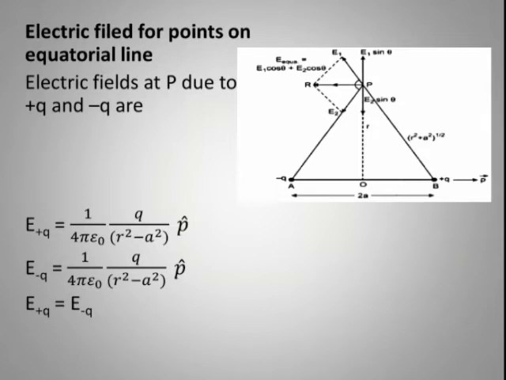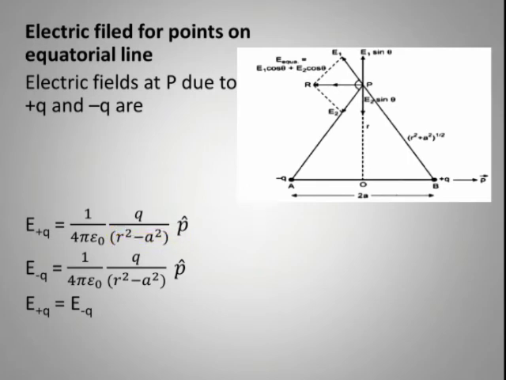So now, as the formula is E equals 1 divided by 4 pi epsilon naught, q divided by r square minus a square, is it? The distance is r square plus a square to the power of half. A small change I need to tell you: there is a typing mistake here, so please correct it.